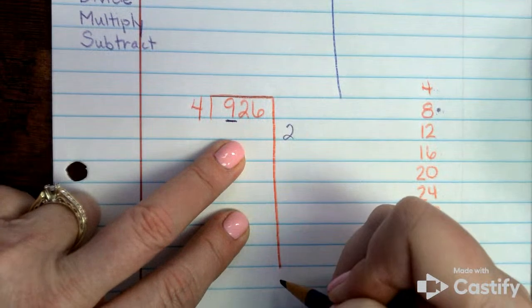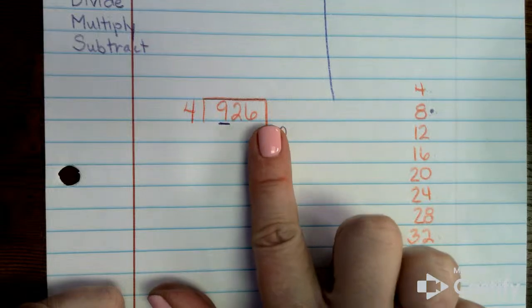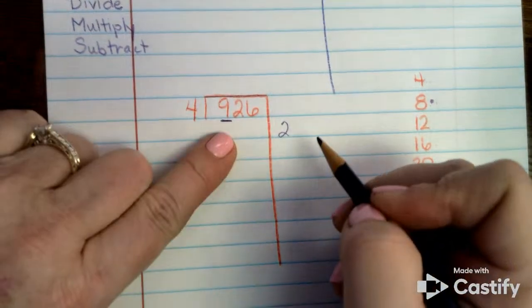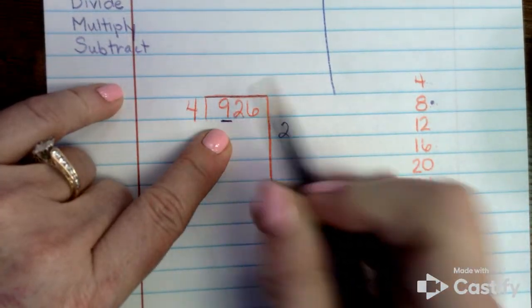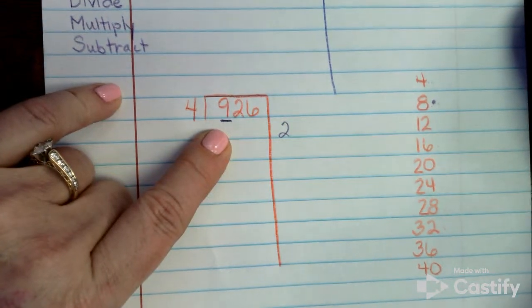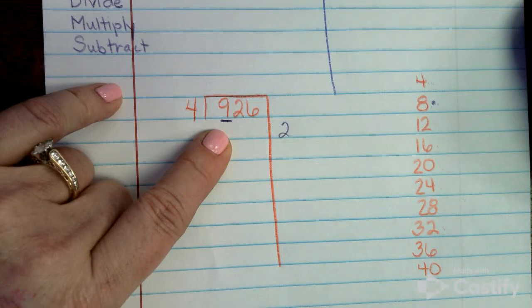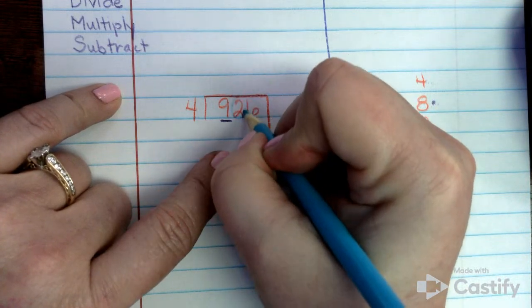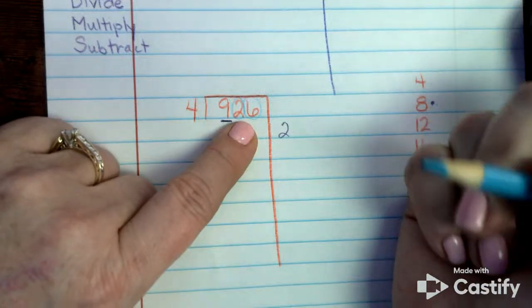And we've extended it because in the traditional algorithm, we'd only have the line go under like there. All right, so we get 2 groups of 4 out of 9, but this isn't 9. It's 926. But at this point, we are not using that tens place or the number in the ones place.